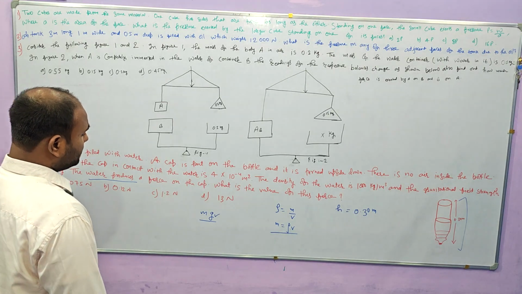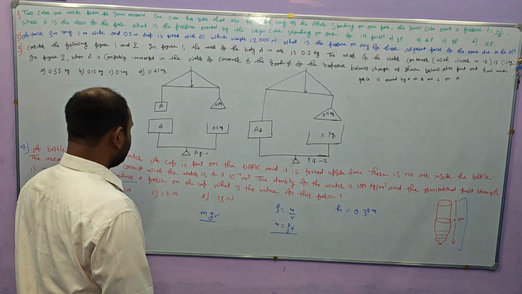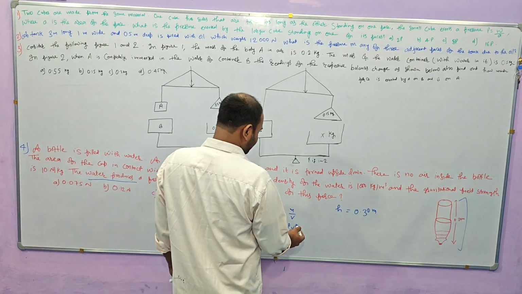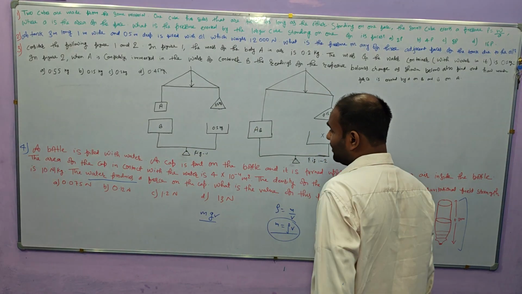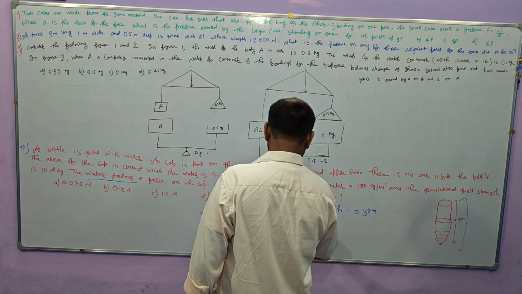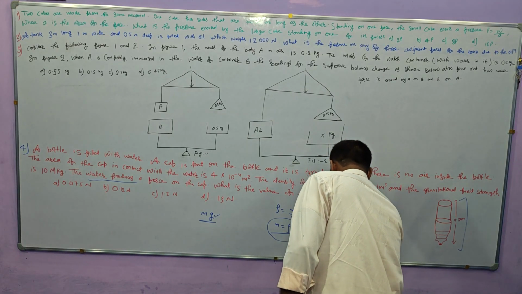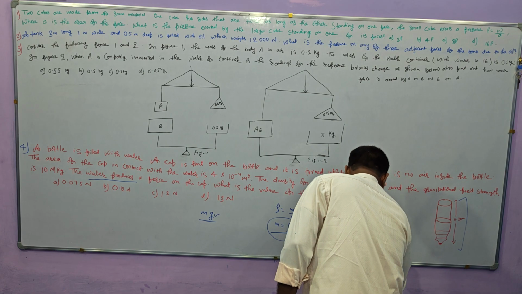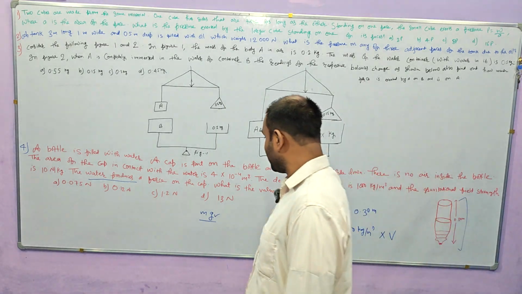Whenever we talk about force produced by water, we need to find out the volume of water. We have rho as 1000 kg per meter cube, that is water density, and we have the water volume.